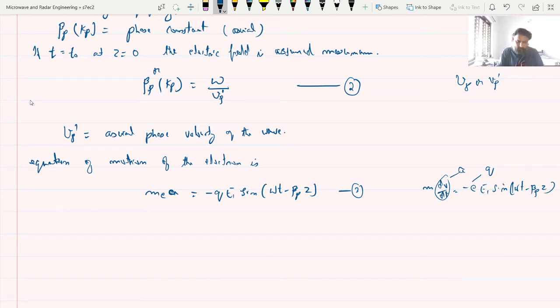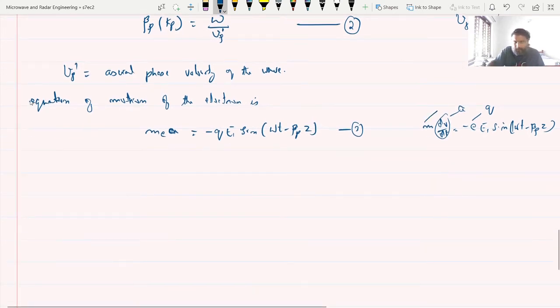Instead of m I have written me. Me, or small m, is nothing but the mass of the electron.